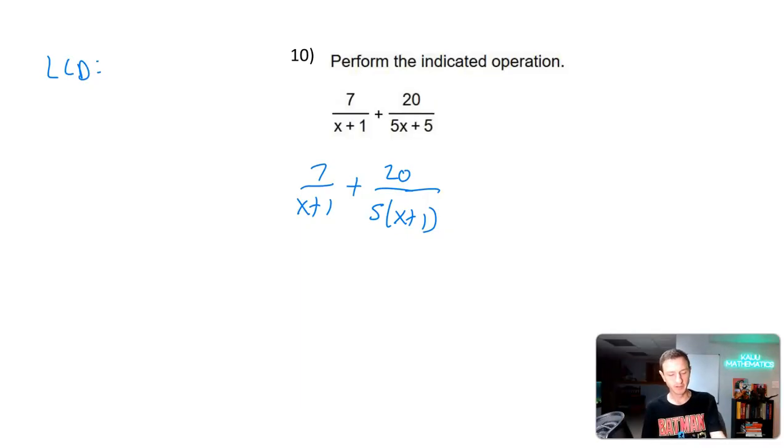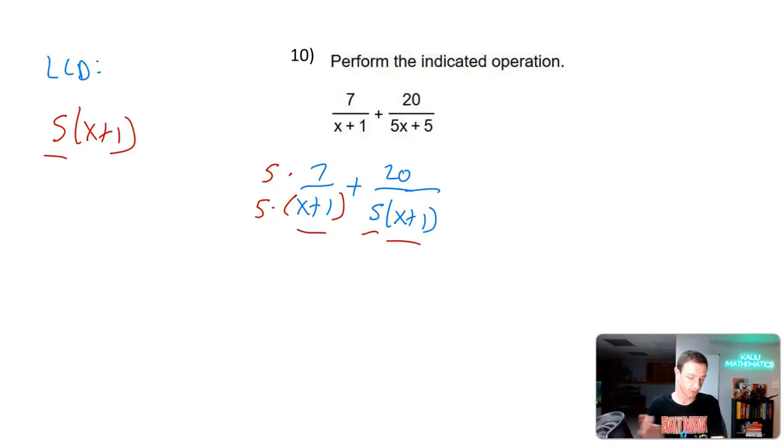The LCD then is going to be 5 times x plus 1. This first fraction already has the x plus 1, so I don't need to multiply it by x plus 1. I just have to multiply it by 5, because all the denominators have to resemble that LCD of 5 times x plus 1.